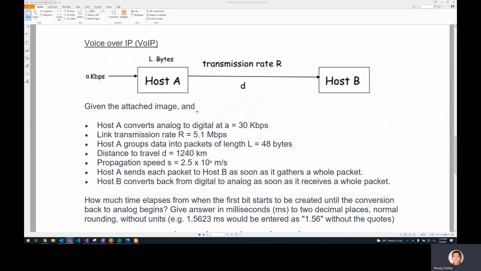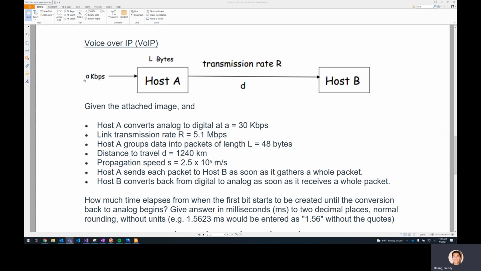Okay, so I took a problem from, I think, module 1 and decided to modify some of the numbers a bit to go over a simple problem that portrays some or most of the delays properly. So here we have a voice over IP problem.